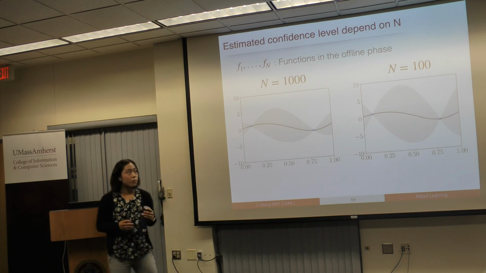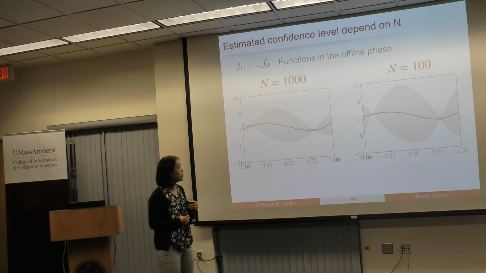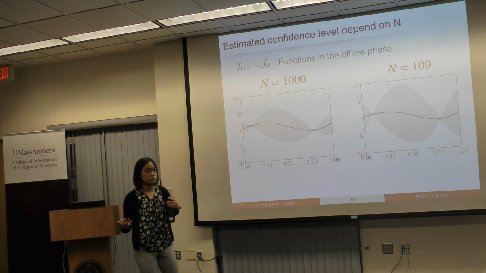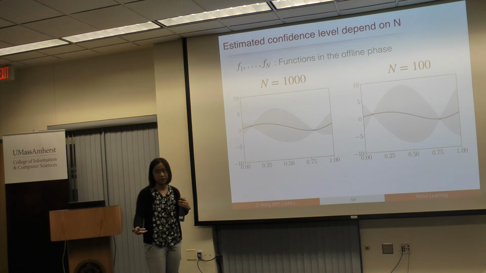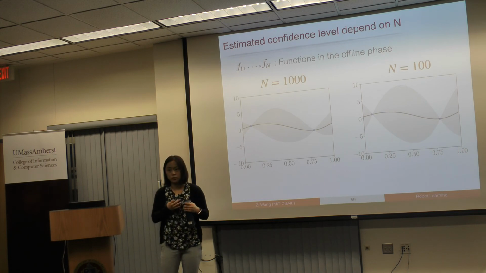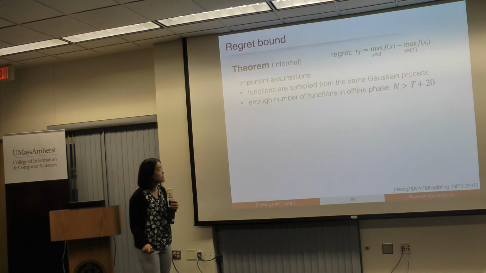The interesting thing here is that our estimators for the posterior also depend on the number of functions we've seen in the offline phase. In particular, the more functions we've seen, the more certain we are about our prediction, which makes sense.